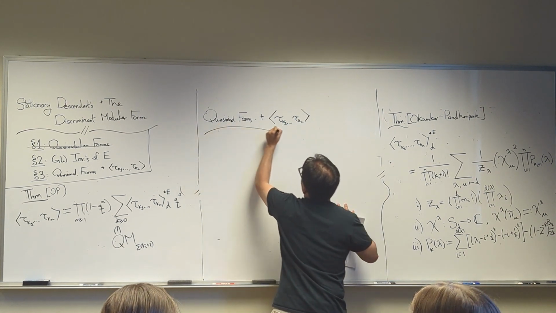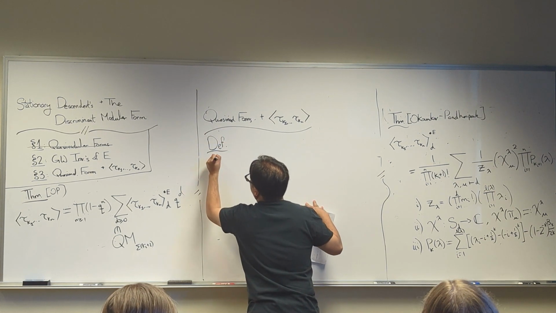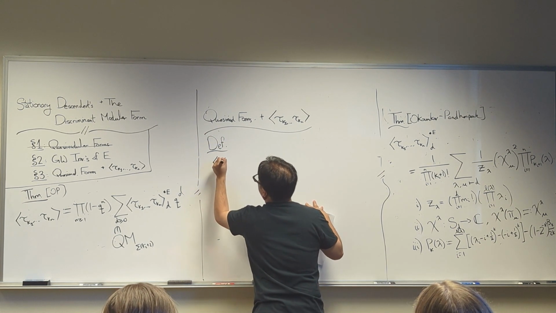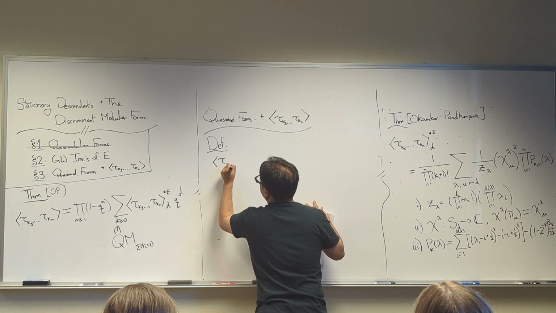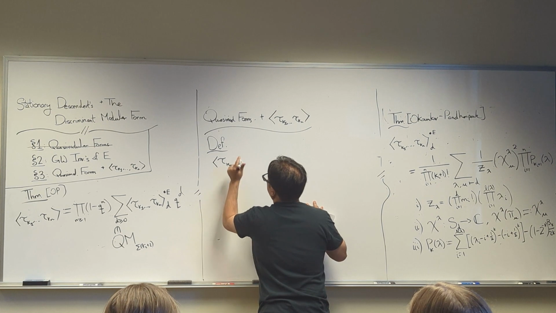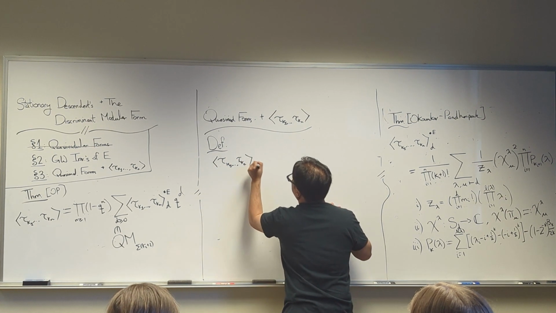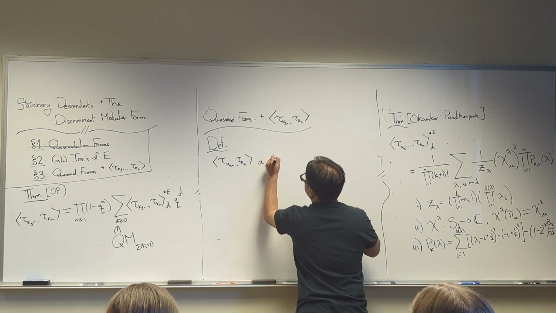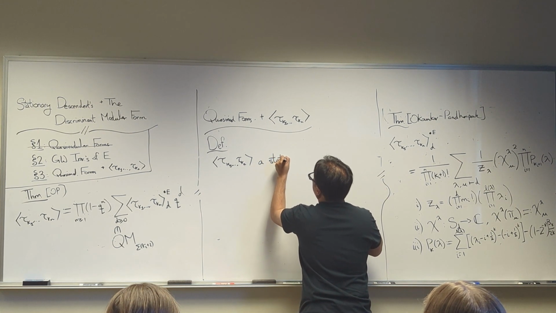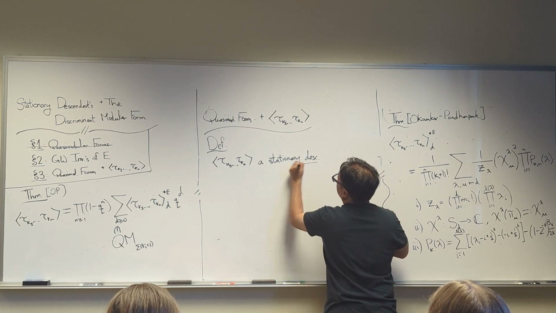Definition: such a generating function will always be called a stationary descendant of weight k.